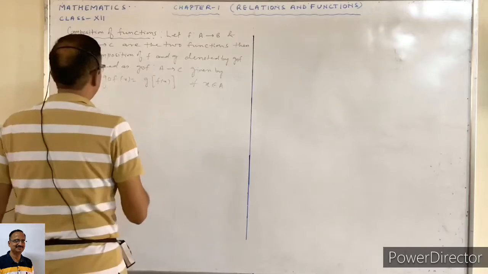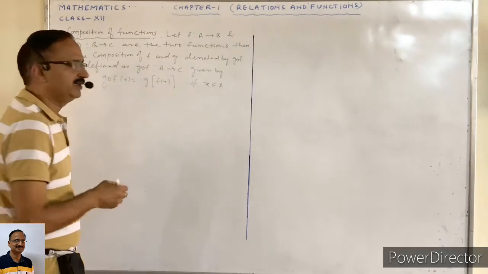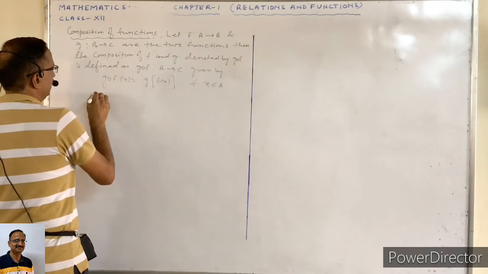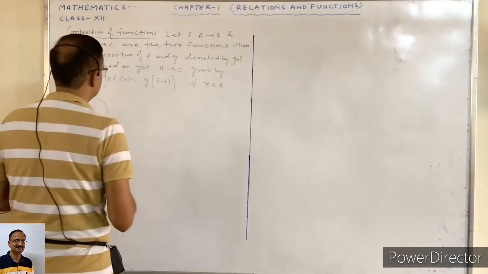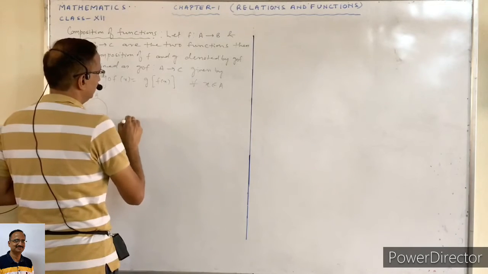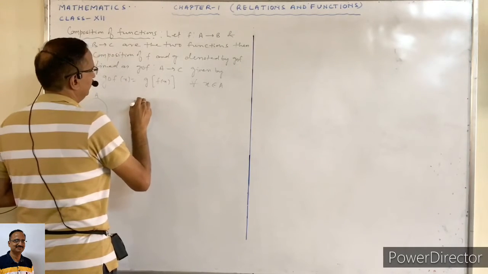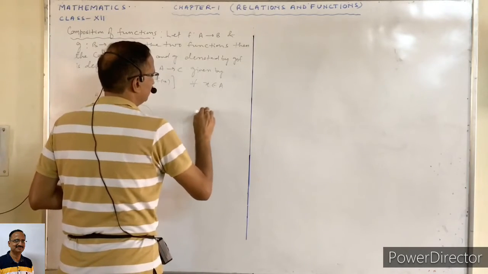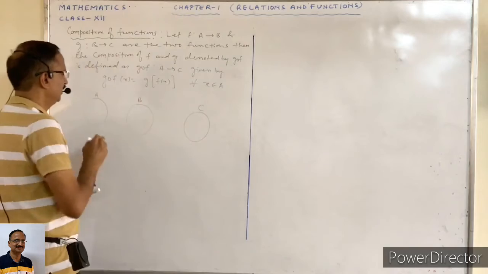In the form of a ray diagram, we can explain this as: suppose this is the A set, second is the B set, and the third is the C set.